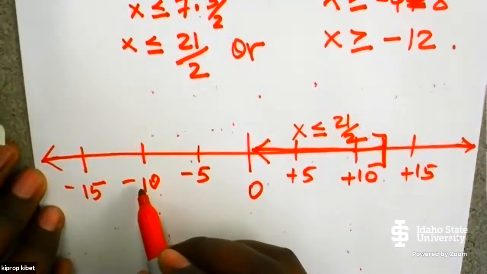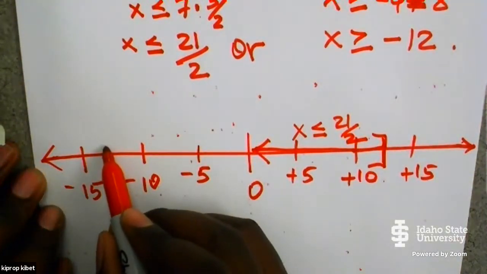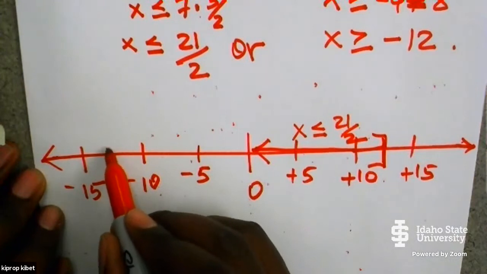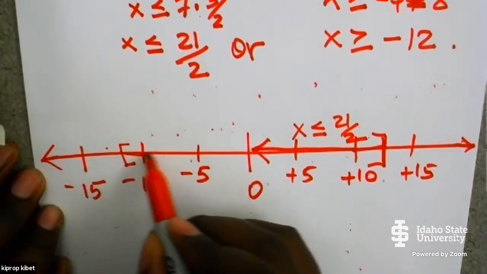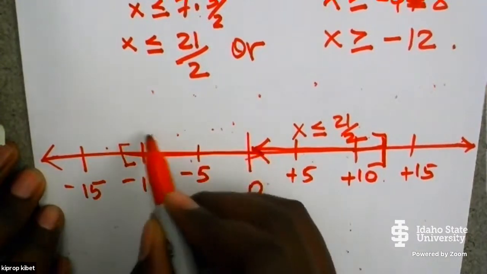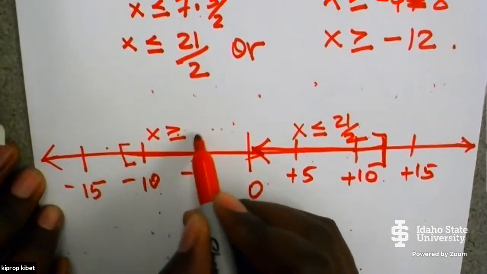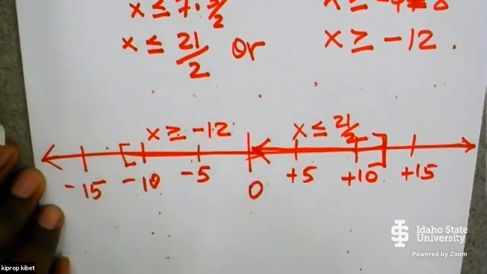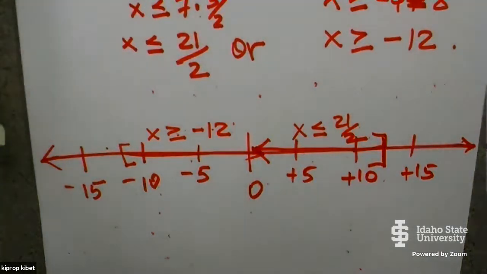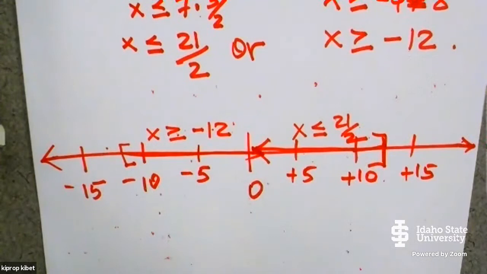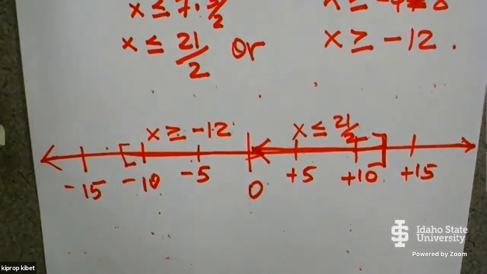X is greater than or equal to negative 12. Let's say somewhere here. Then it goes in that direction. Now, they are going in the same direction, and they are overlapping, right?